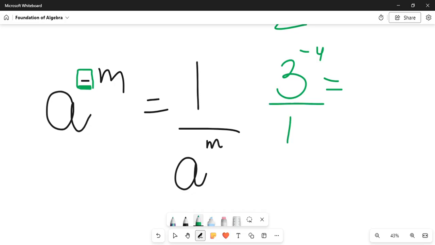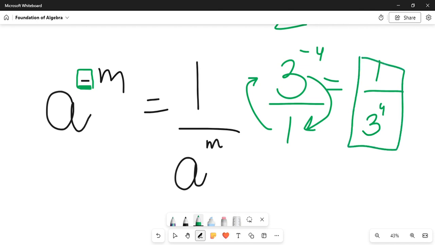So 1 will move up and 3 will go down. And the power of 3 will become positive. If it's negative 4, it will be positive 4, which is actually the answer. So this is the fifth law.